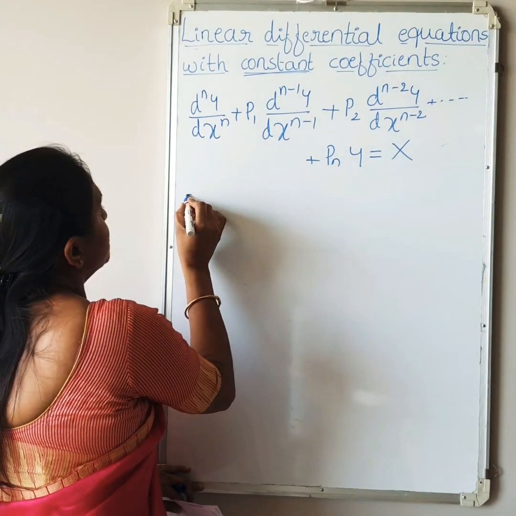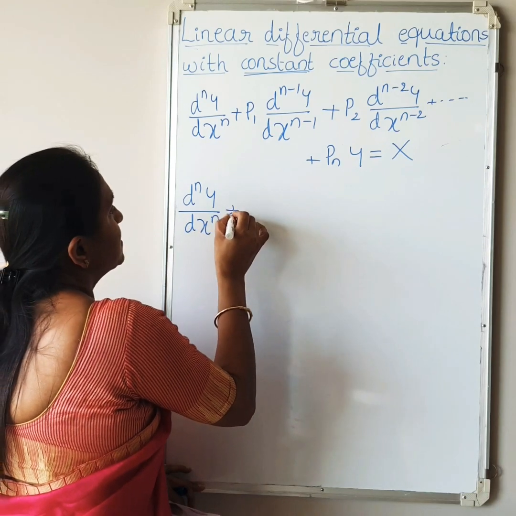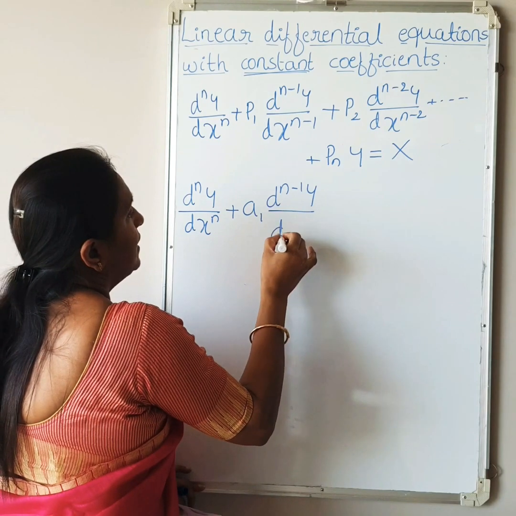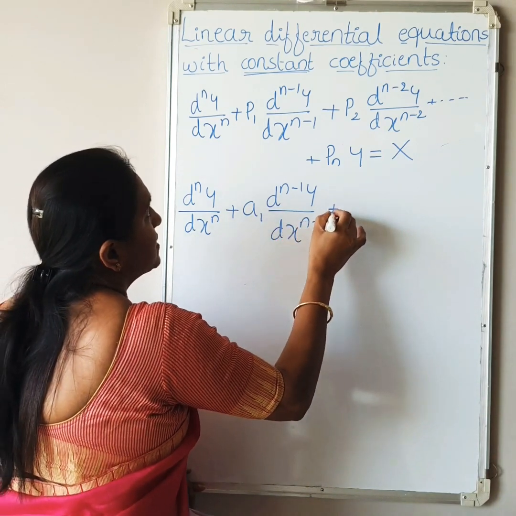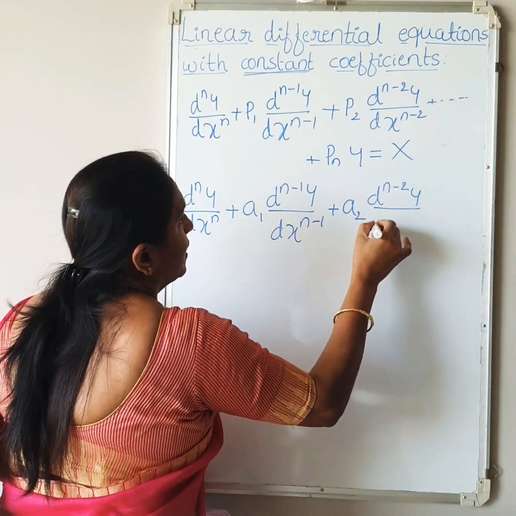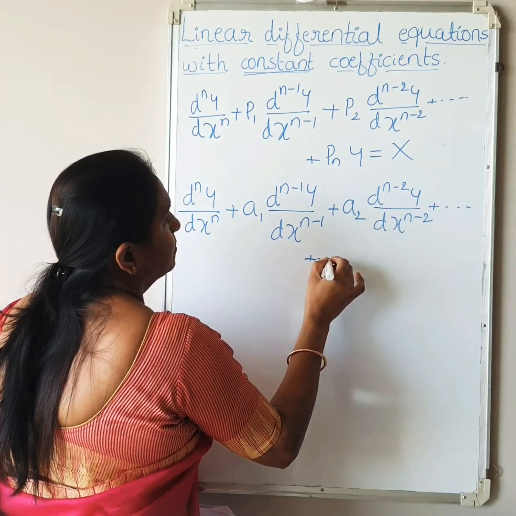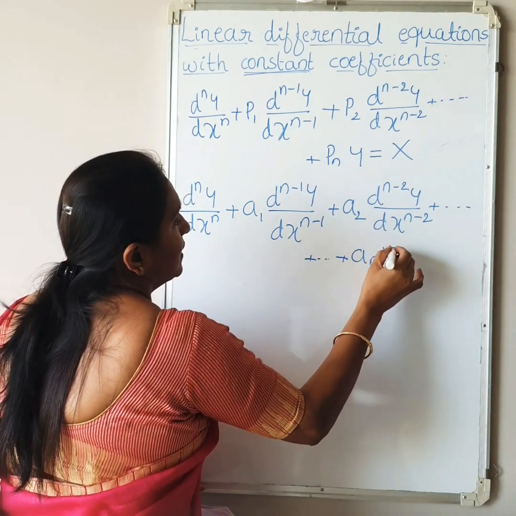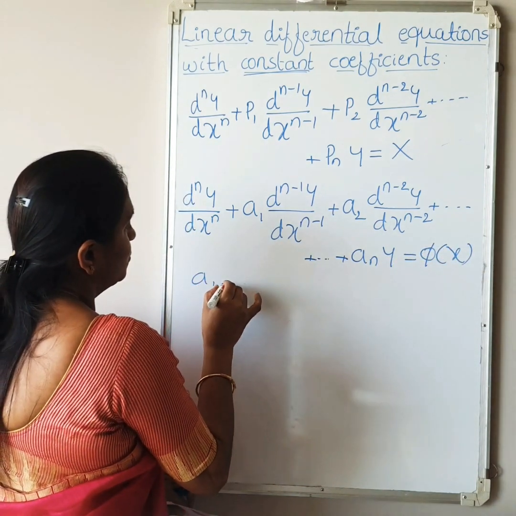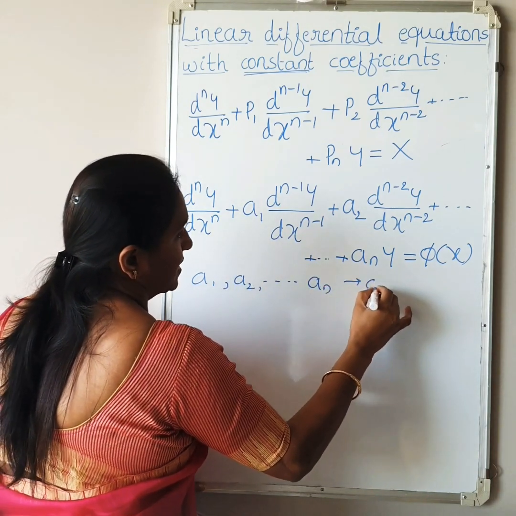So the same equation, if we write like this, d^n y by dx^n plus a1 d^(n-1) y by dx^(n-1) plus a2 d^(n-2) y by dx^(n-2) plus so on, last term an y is equal to phi of x, where a1, a2, a3 and so on up to an are all constants.